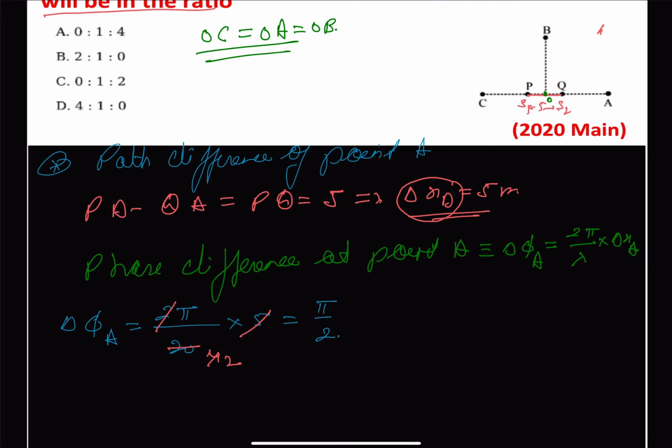But in the question we are already given that there is a phase difference between P and Q also, and that phase difference is pi by 2.